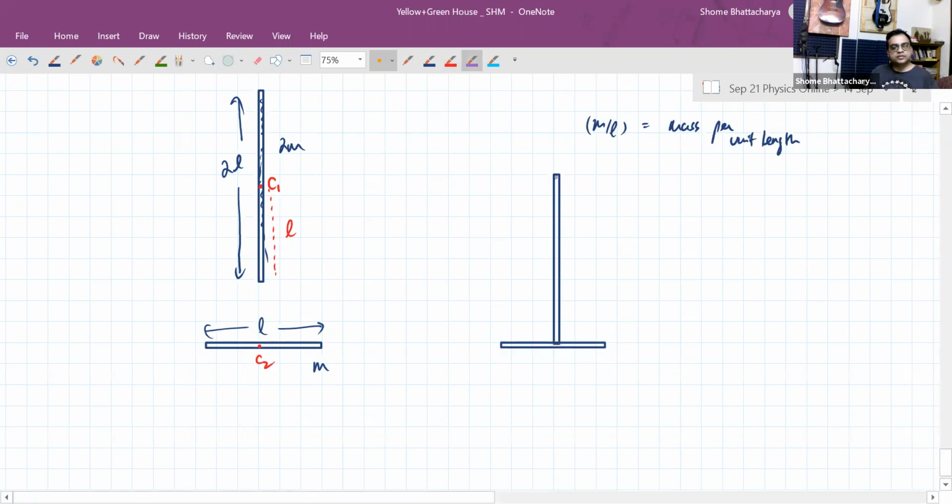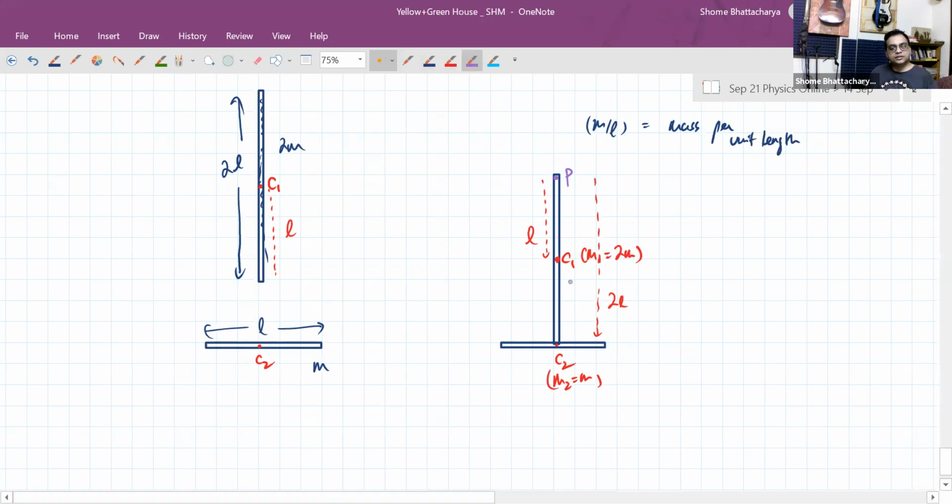I want to say that with respect to the point P, there is one center of mass located here, another center of mass located here for the individual parts. This is L, this is 2L, but this has a mass of M and this has a mass of 2M.